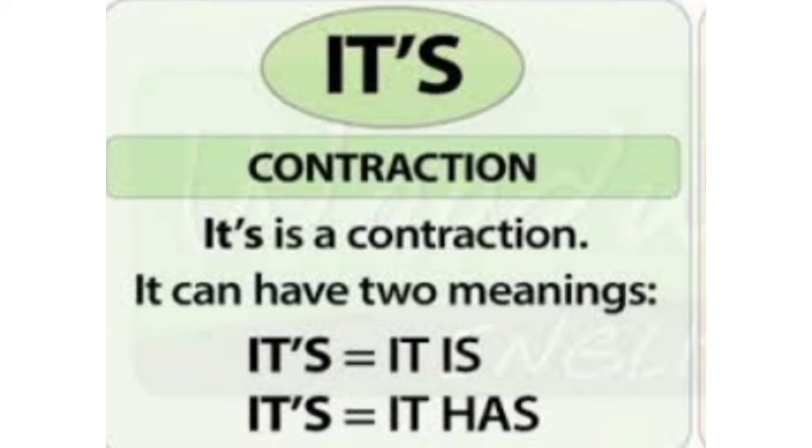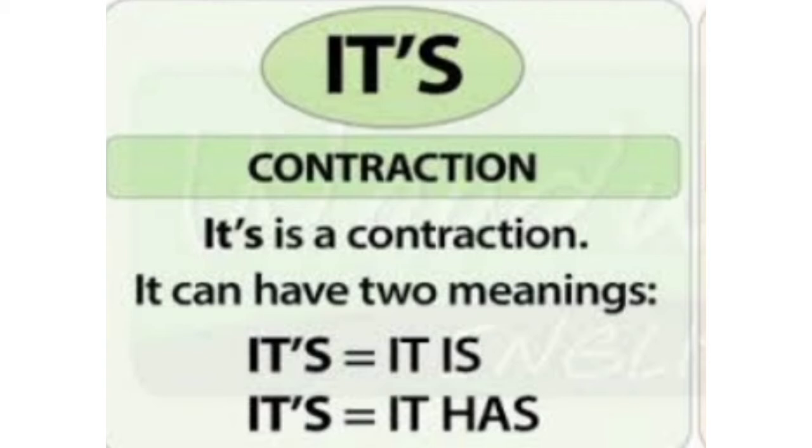It's is a contraction. Contraction means a short form. It can have two meanings, with this apostrophe, the upper side inverted single comma which we can see here in this it's. So basically it has two meanings.